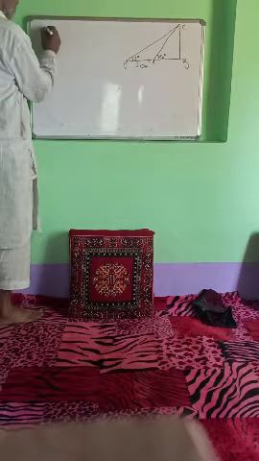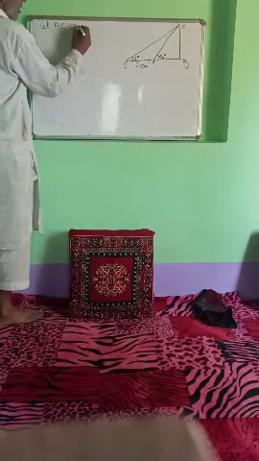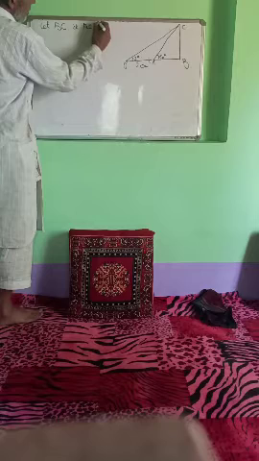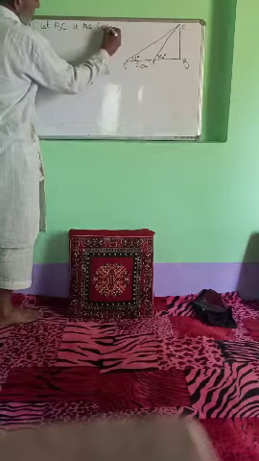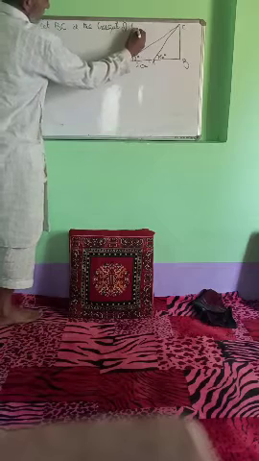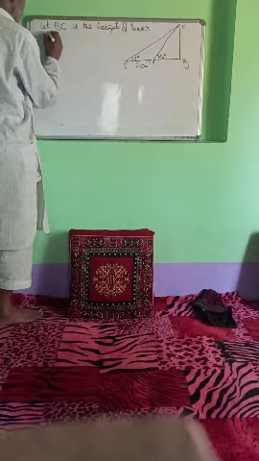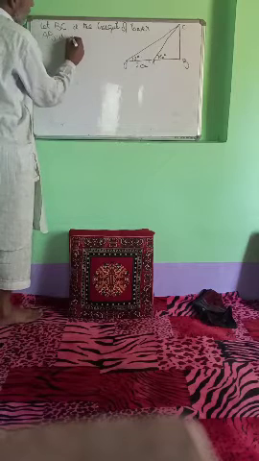Let BC be the height of tower. AB is the width of canal.